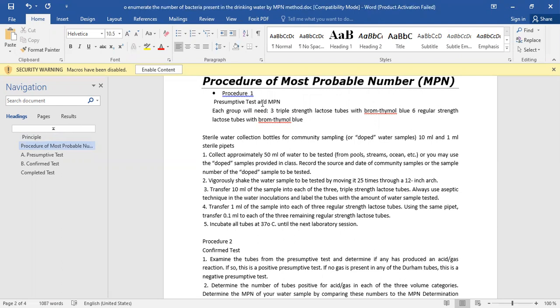Always use aseptic techniques in the water inoculation and label the tubes with the amount of water sample. Then transfer 1 ml of the sample into three regular strength lactose tubes using a sterile pipette. Transfer 0.1 ml to each of the three remaining regular strength lactose tubes. Then incubate all the tubes at 37 degrees centigrade.